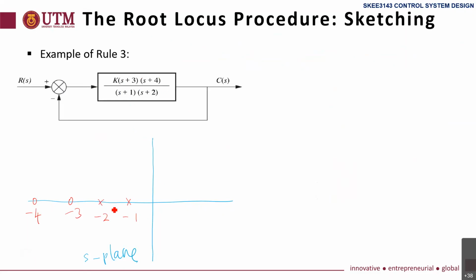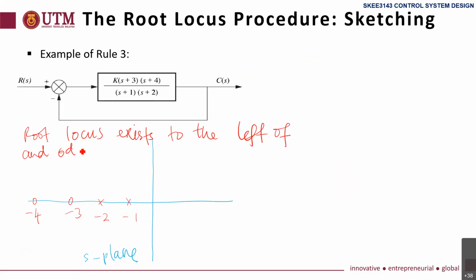Rule number 3 says that root locus exists to the left of an odd number of poles and zeros on the real axis. Rule number 3 is only applicable to the real axis, so when we invoke rule number 3, we only look at the real axis here.